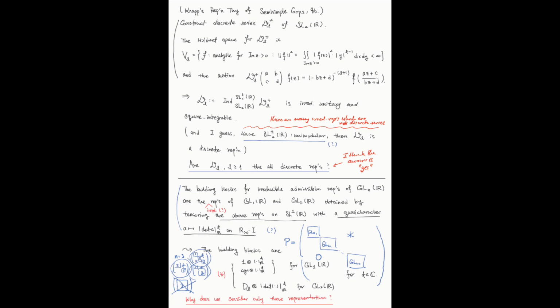If you take an irreducible representation of this group and an irreducible representation of this group, and you take the tensor product, then you get a representation of the product group, which you can extend to a representation of this group by making the unipotent matrices act trivially as identity. And then you can produce a representation of the whole group G by induction.